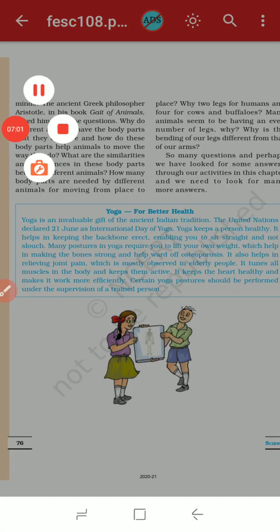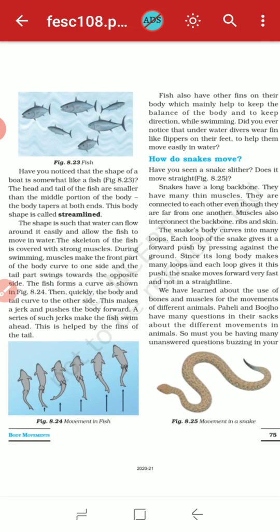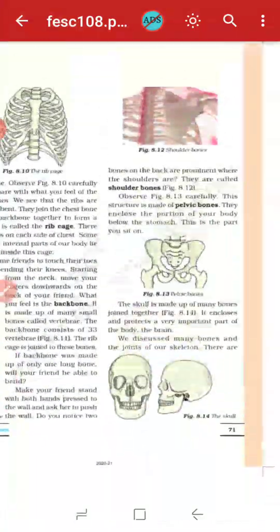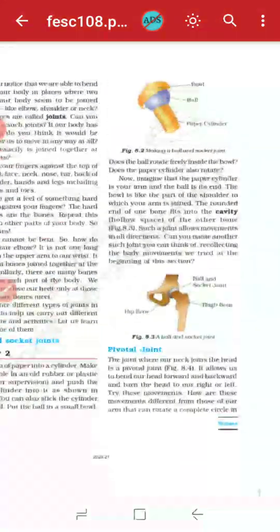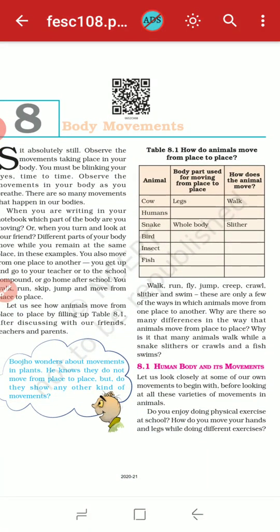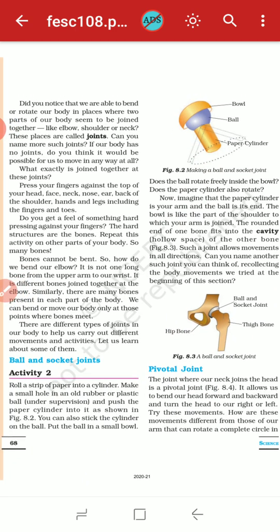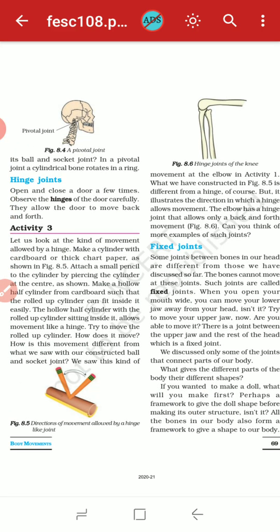So dear children, this is it for today's video. Today I have completed this lesson for you. Today in this lesson we have seen the various kinds of body movements, the human body and its movement. We have also seen the various kinds of joints, that is ball and socket joint, pivotal joint, hinge joint, fixed joints.